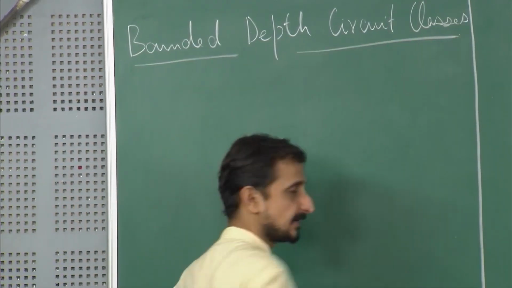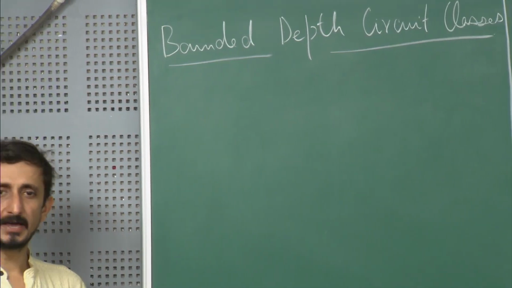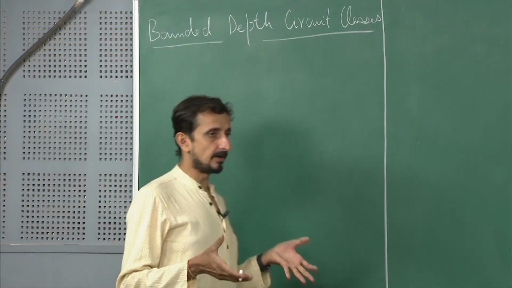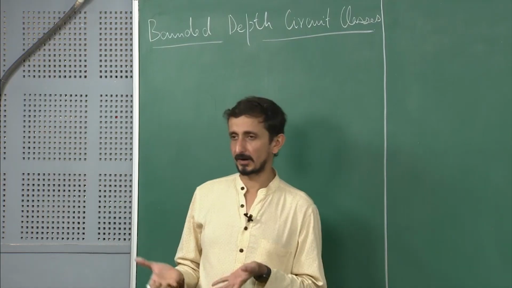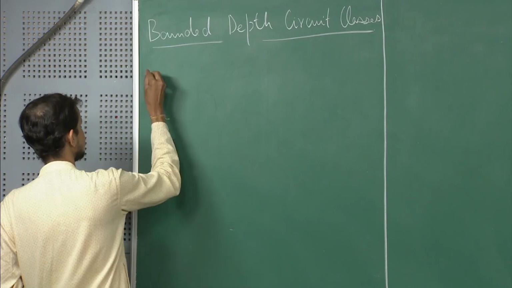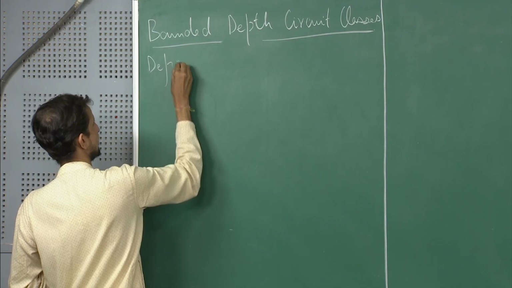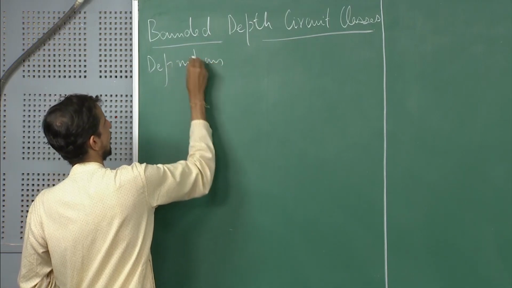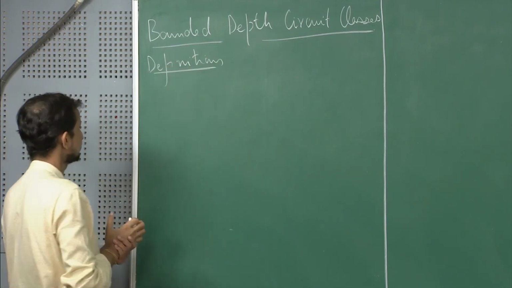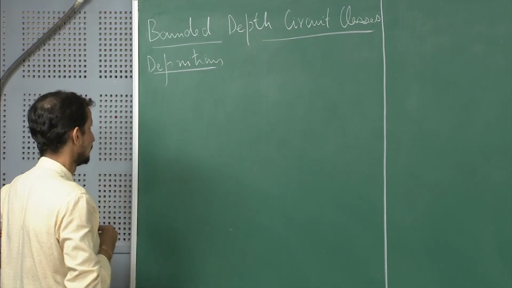Essentially these classes consist of Boolean functions which can be computed by bounded depth circuits which have a certain structure. The first definition that I want to introduce is that of non-uniform classes.